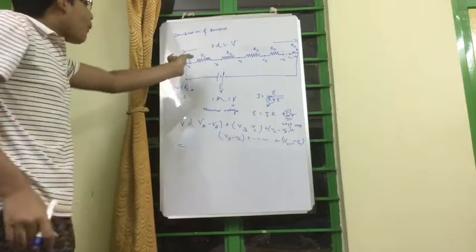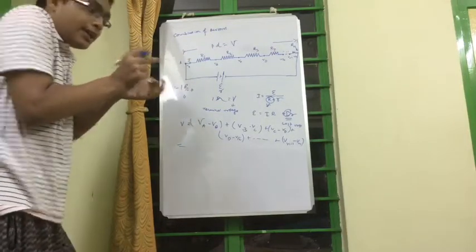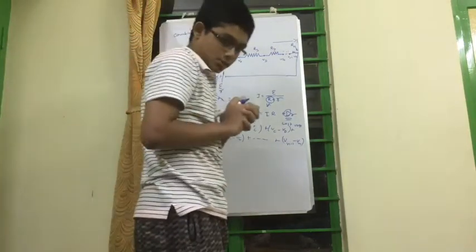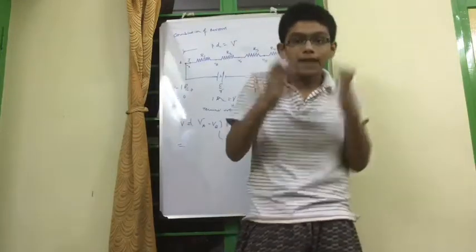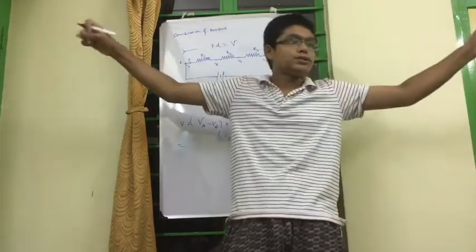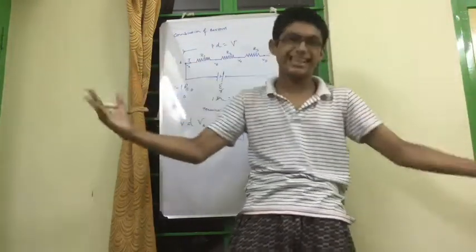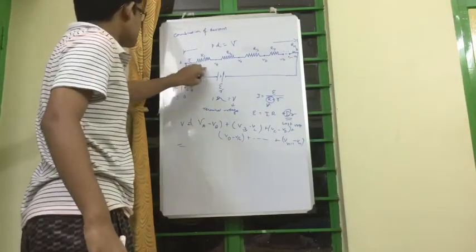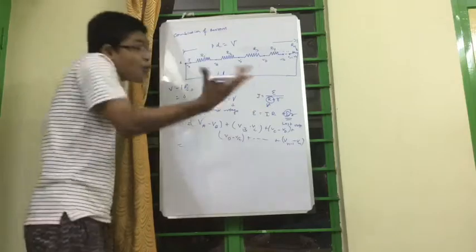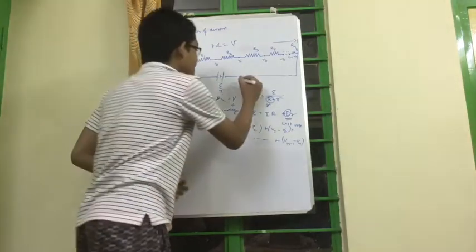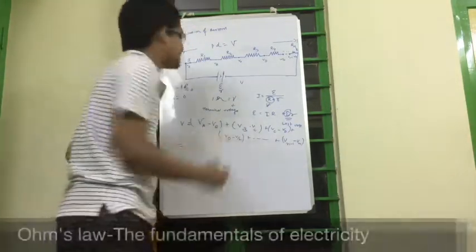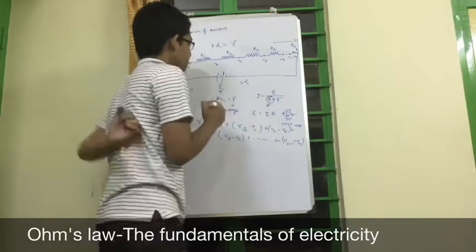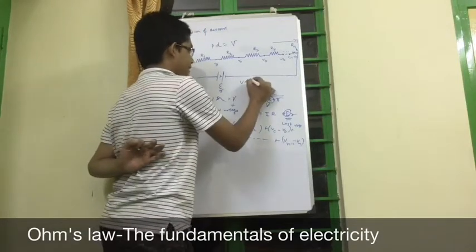So summing up all the potential differences across the resistors, we can get the total potential difference across the combination of resistors in series. So VA minus VB. By applying Ohm's law, we know that V, the potential difference, is directly proportional to I, the current.